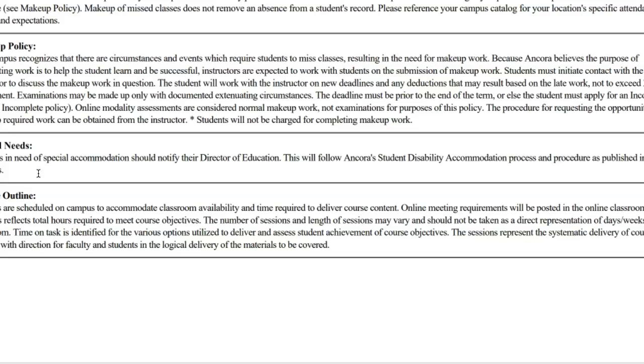So the important thing is, if you feel that you need any type of special accommodations, it's important to reach out to the director of education. She'll be able to tell you all about our student disability accommodation process. And she'll be able to tell you what accommodations are available for you.